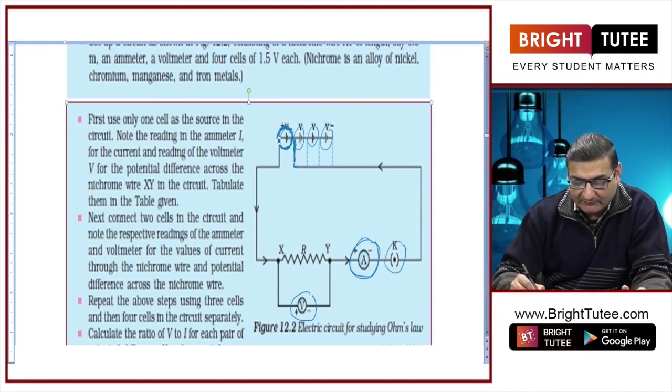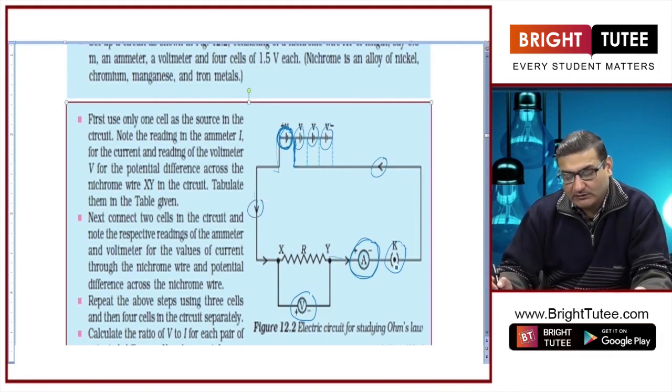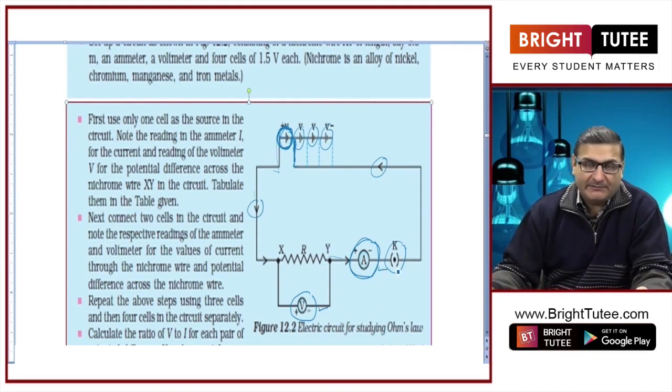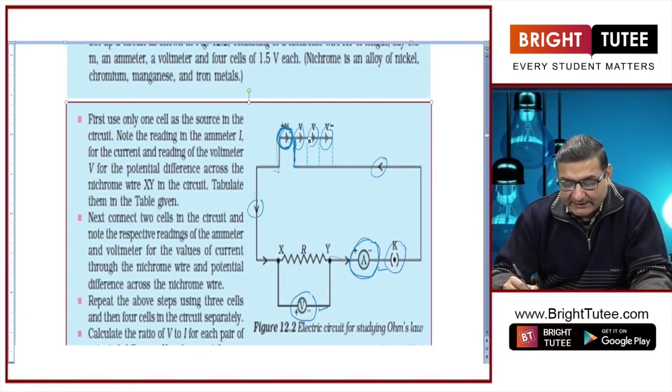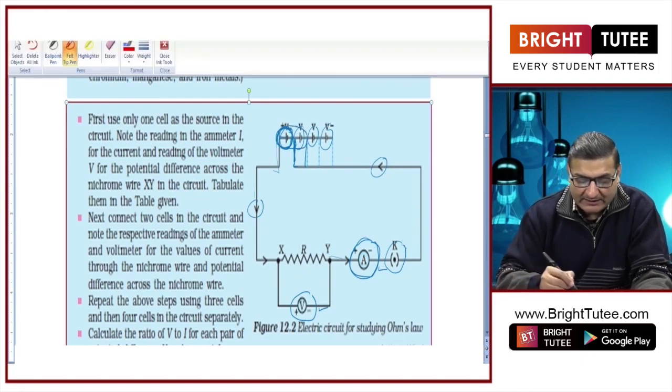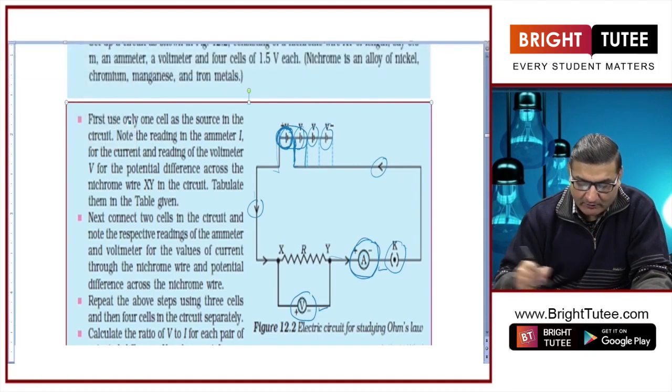The current will flow from the positive terminal to the negative terminal. The arrows, of course, are very important. They are showing the direction. I will note down the reading of voltmeter and the ammeter, right? Then what I will do is, after noting down the reading, I will just take a battery of 2 cells now. Rather than taking a single cell, I'll be taking a battery of 2 cells.